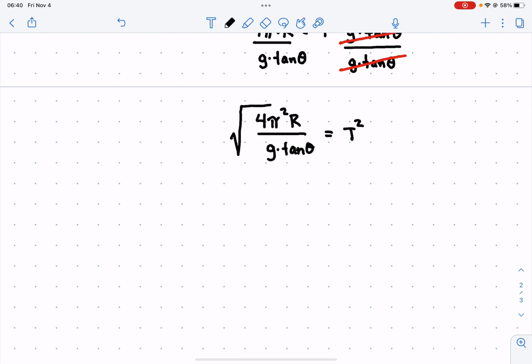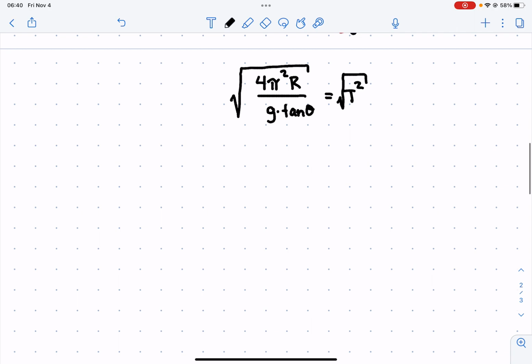So let's go ahead and do that. Okay, and you'll get the relationship that 2 times pi times the square root of r divided by g times the tangent of theta is equal to your period.